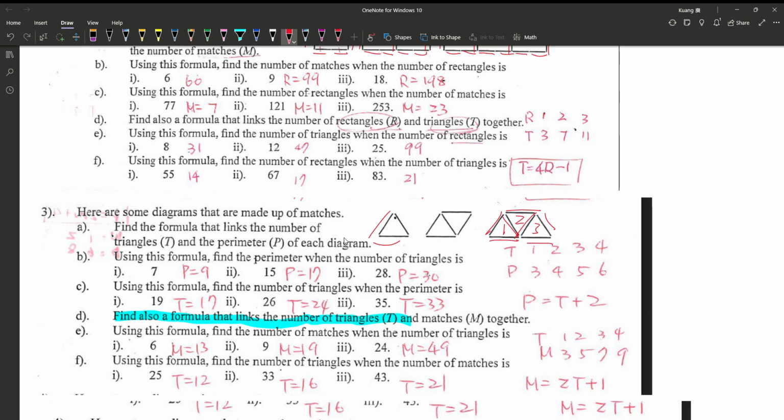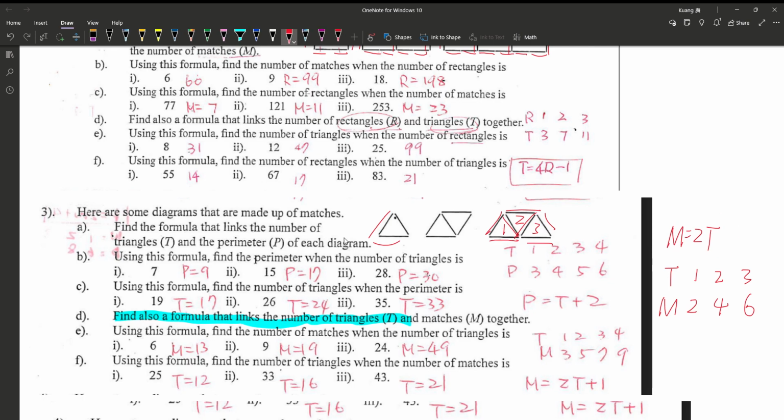But if you only write M equals 2T, then when T equals 1, M equals 2. When T equals 2, M equals 4. When T equals 3, M equals 6. Because M is double T.